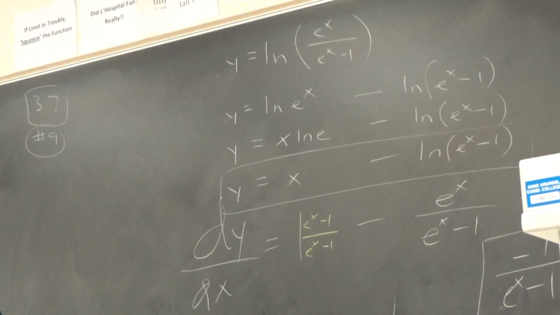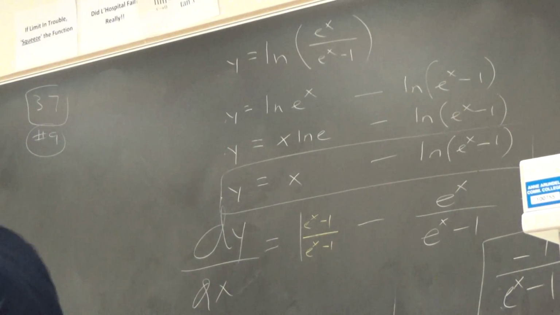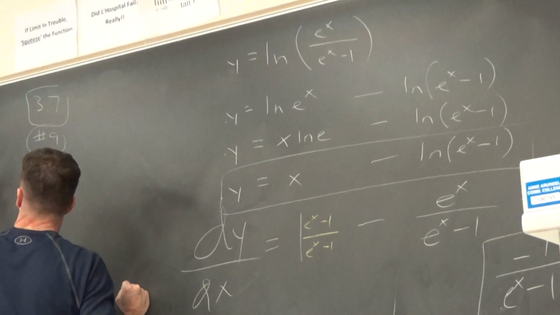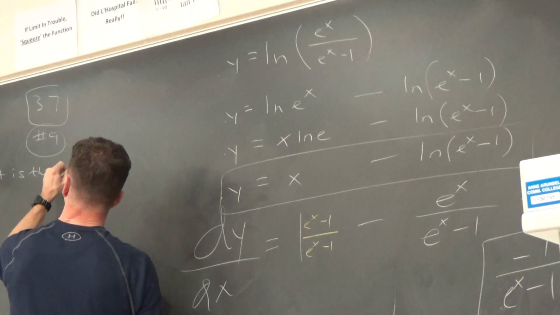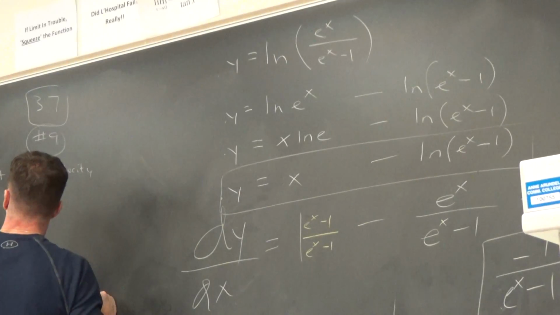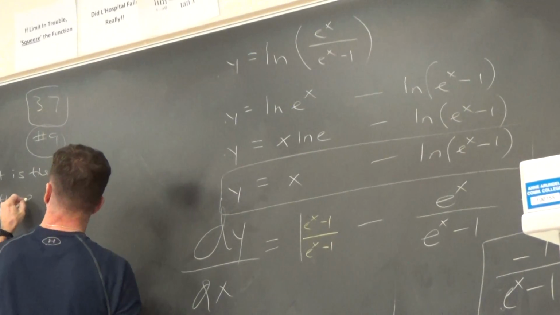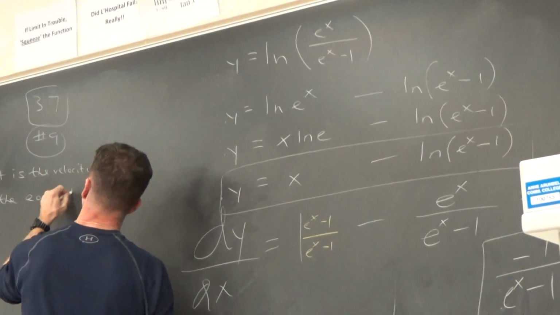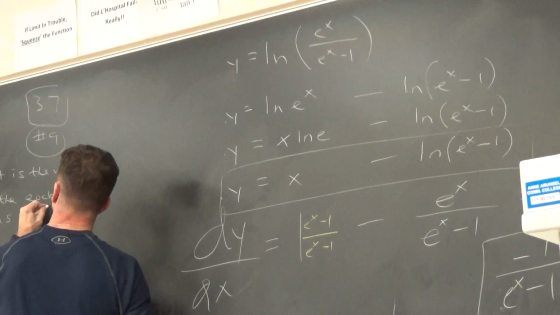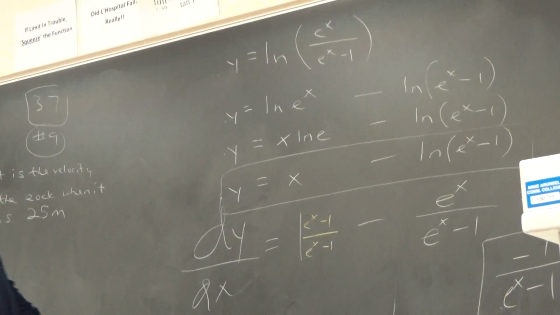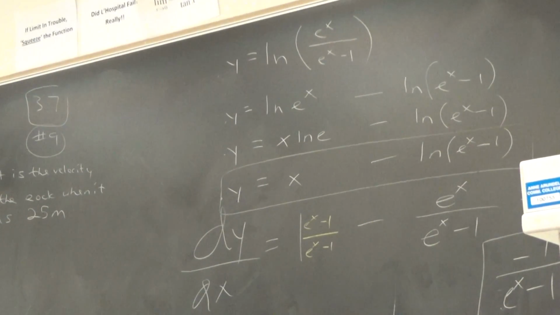Not the first part. We breezed through that. It was that second part, when they said, what is the velocity of the rock when it was at 25 meters in height?